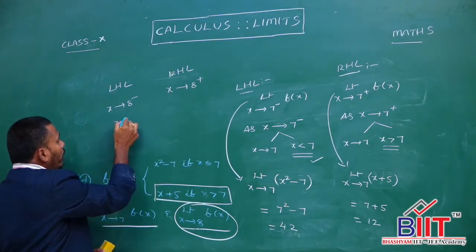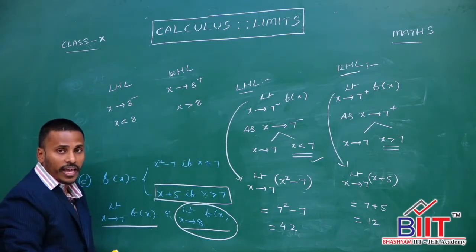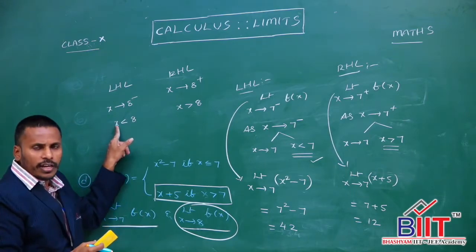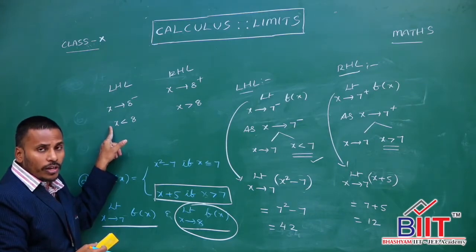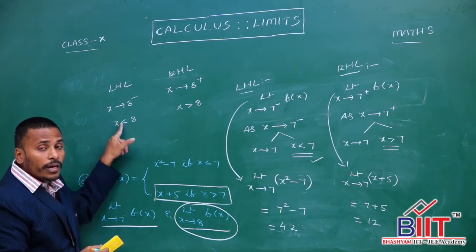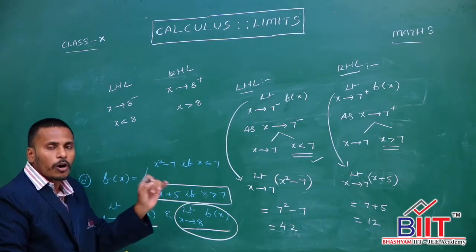As X tends to 8 minus, X is less than 8, and as X tends to 8 plus, X is greater than 8. See here, what is the value of X? Less than 8 means what do we need to consider? Do you have any chance to take X as 3 or 4? No. X is less than 8 but not that much smaller. That is very near to 8 and smaller than 8.